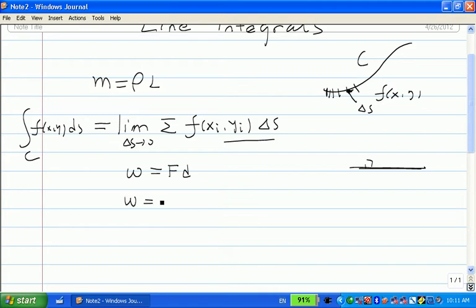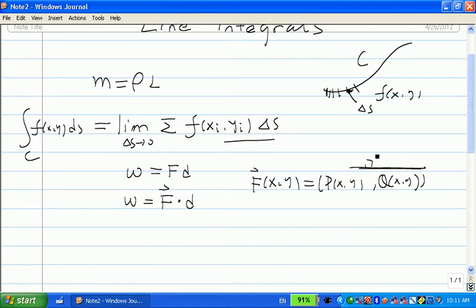Normally, your force is not a scalar, it's a vector, and the displacement is a vector too. Say my force here is a 2D vector, P(x, y) and Q. It could be three-dimensional, same thing. That's a vector field, remember?